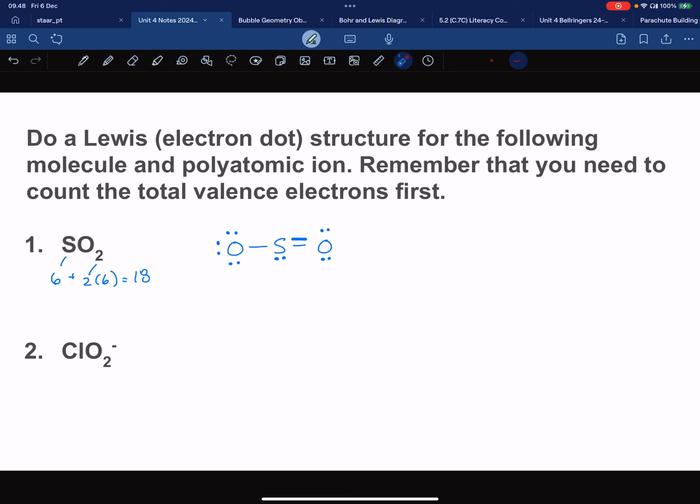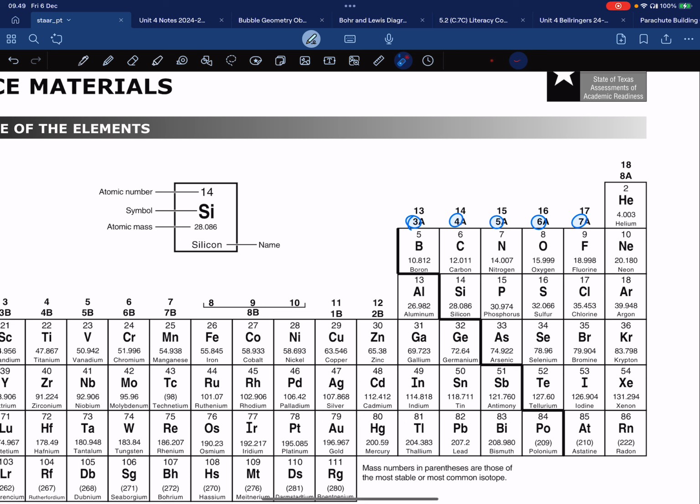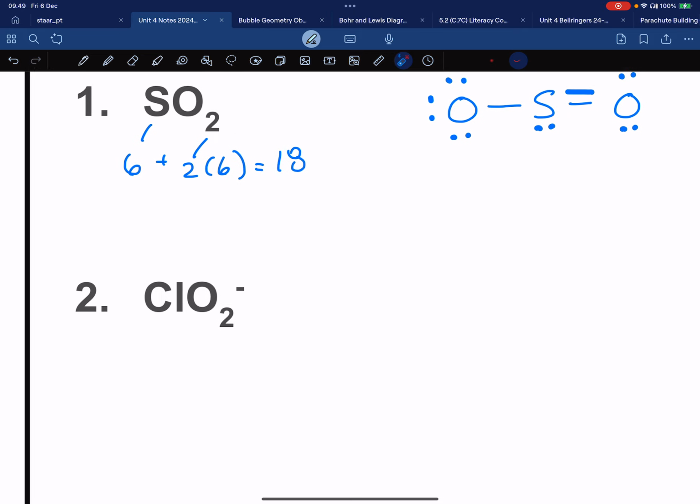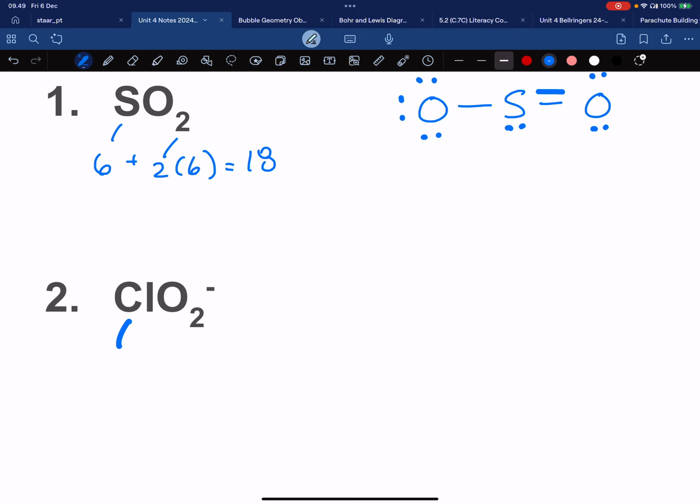Now, the next one, chlorite. So, chlorine is here in group 7, so chlorine has 7 valence electrons. Now, oxygen, there's 2 of them, and we already established they have 6.